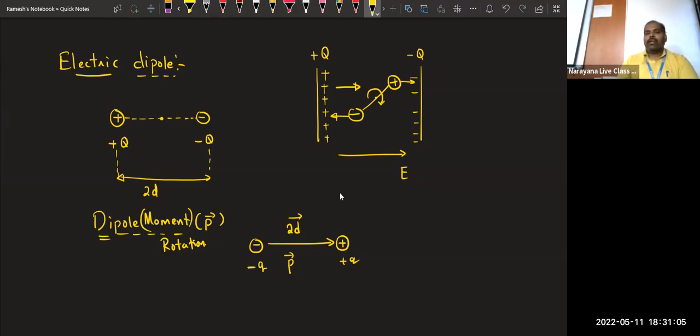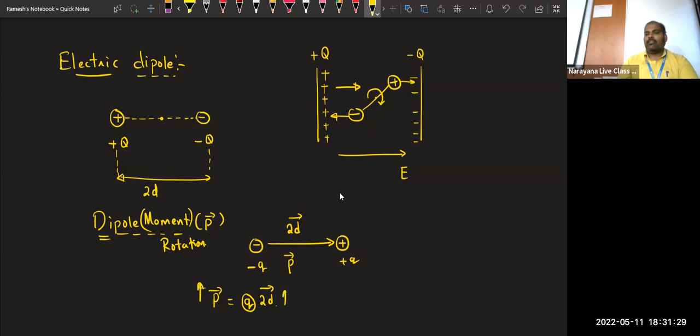Yes or no? So I can write dipole moment p vector equal to product of each charge and into length vector. Here length also you have to treat like a vector quantity. It should act always from where to where? Negative charge to positive charge. As you increase the charge, dipole moment also will increase.